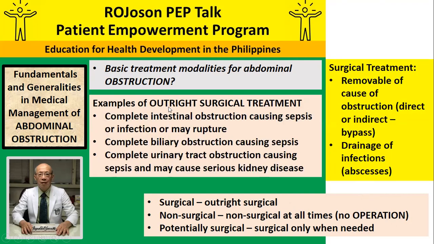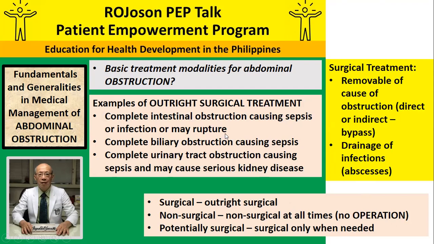So, examples of abdominal obstruction conditions needing outright surgical treatment, or needing outright operation kagad. These are in patients with complete intestinal obstruction causing sepsis, infection, or may rupture, nakapumutok.